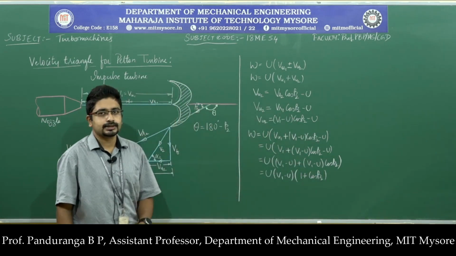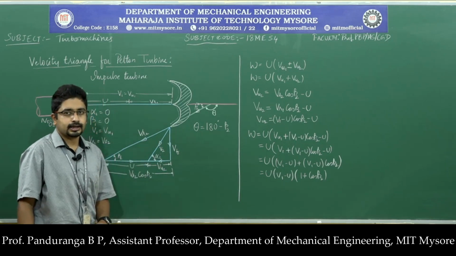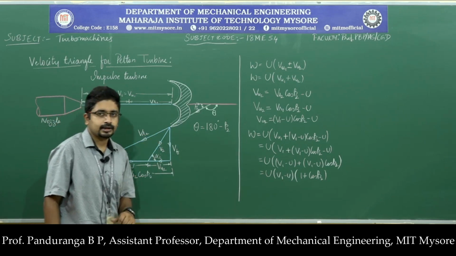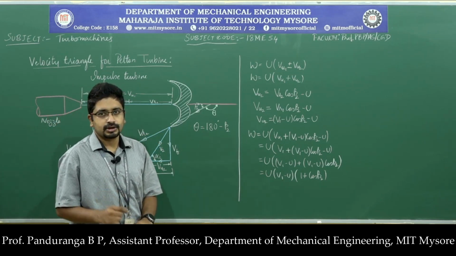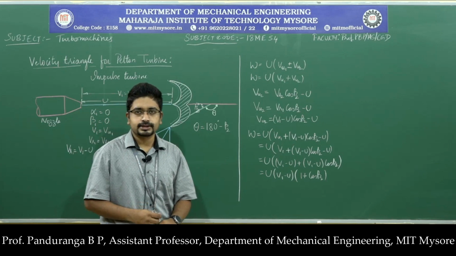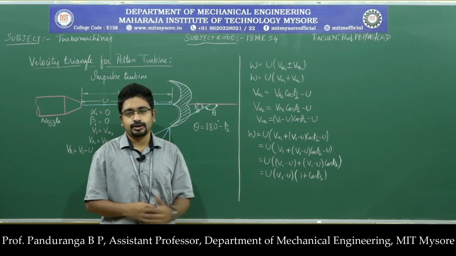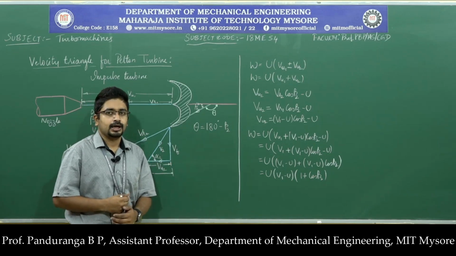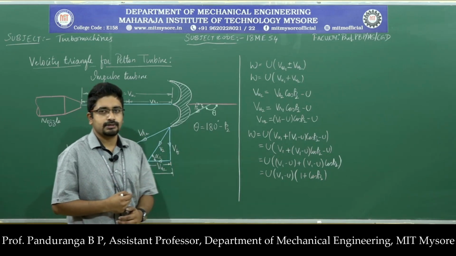Till now we have not considered the losses that occur as the water passes over the moving blade. If you remember, we discussed those losses in module 2 on the general turbomachine. In the analysis of the general turbomachine we had used a term called CB.